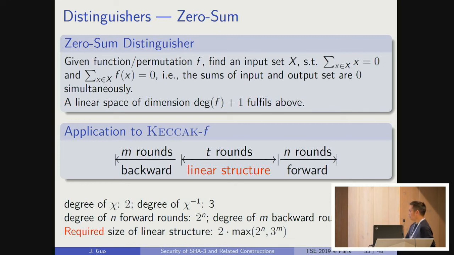For backwards, since chi-inverse is of degree 3, it's 3^m for m rounds backwards. So the number of attacked rounds pretty much depends on what t is and whether we can find a sufficiently large linear structure fulfilling this size.